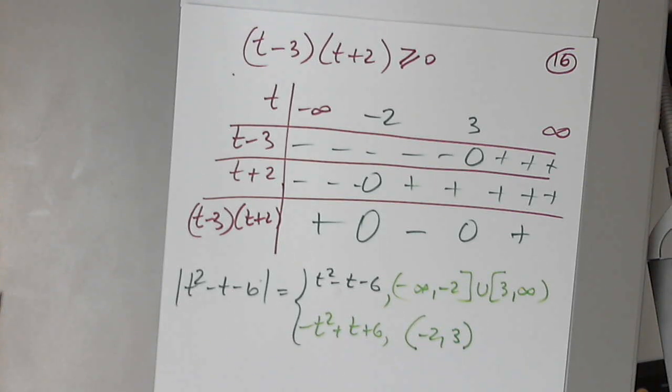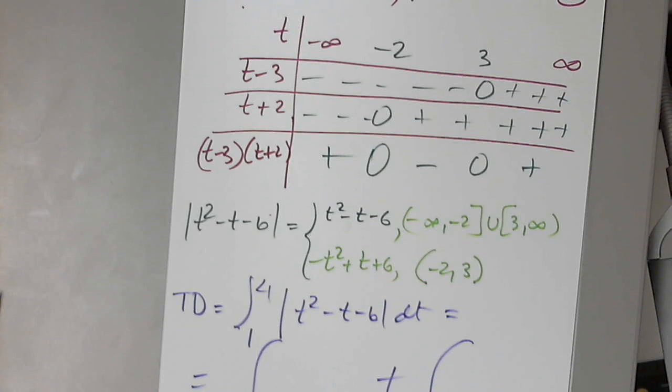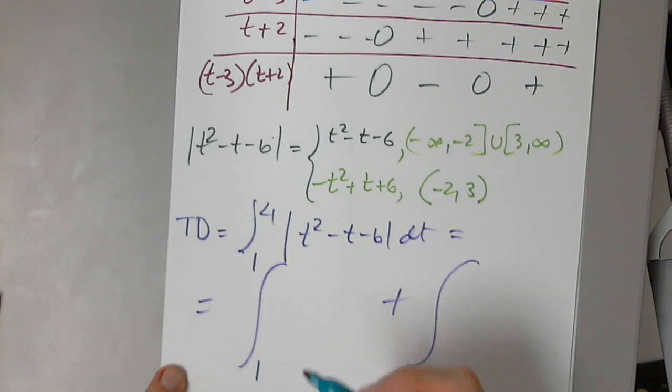Okay, after all this work, only now I'm ready to find the total distance, which is the integral between 1 and 4 of the absolute value, which turns out to be finally a sum of two integrals. Sum of two integrals, and the integrals are, careful, from 1 to 3, and from 3 to 4.